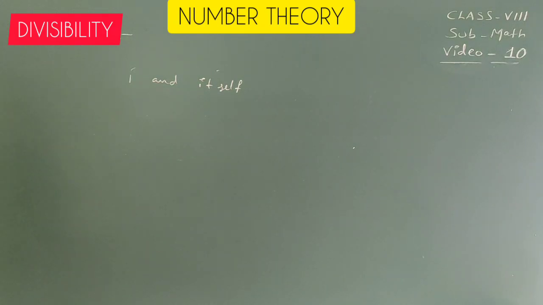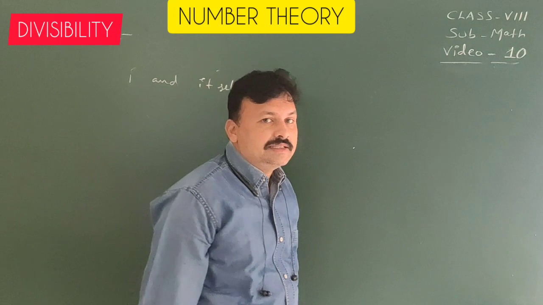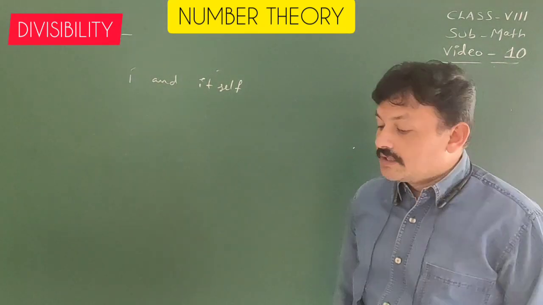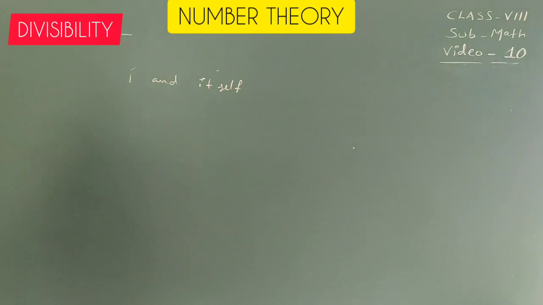A prime number has 2 factors. What are the 2 factors? The first one is 1 and the second one is itself.